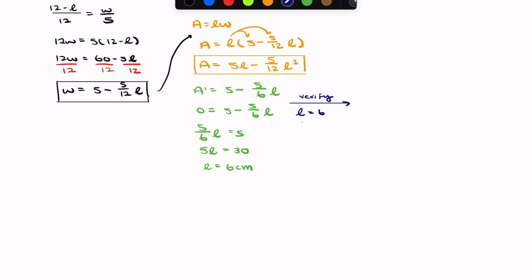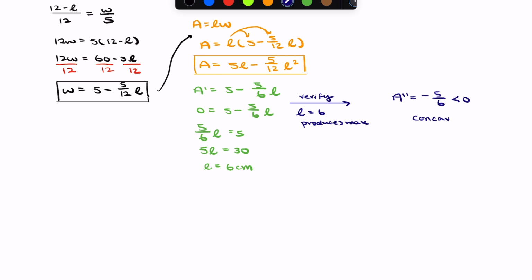So here, if we find the second derivative, again, we see that negative 5 over 6 is less than 0.